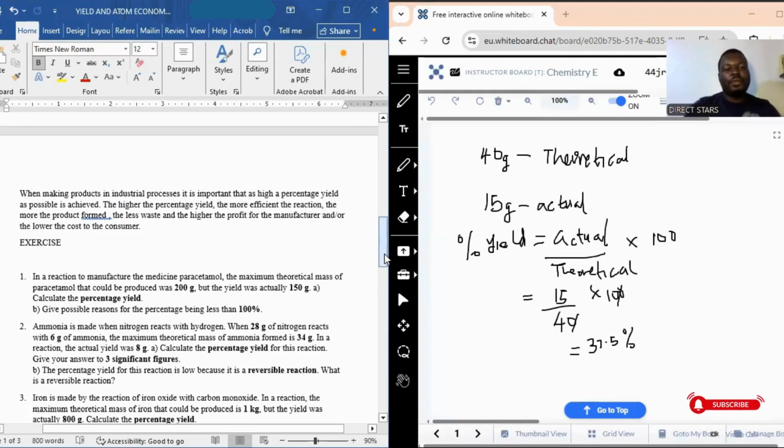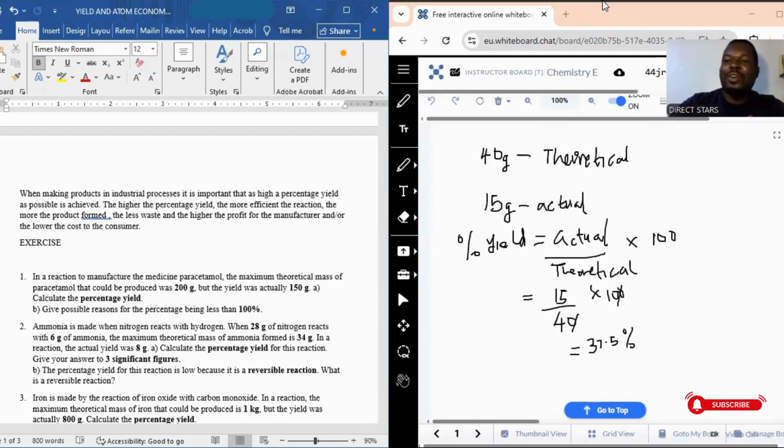So at this juncture, you can also try out some other examples from the exercises we have on the screen. It's that simple. Calculating the percentage yield is very simple. Just get the actual yield and your theoretical yield from the questions you have here, and then multiply by 100.